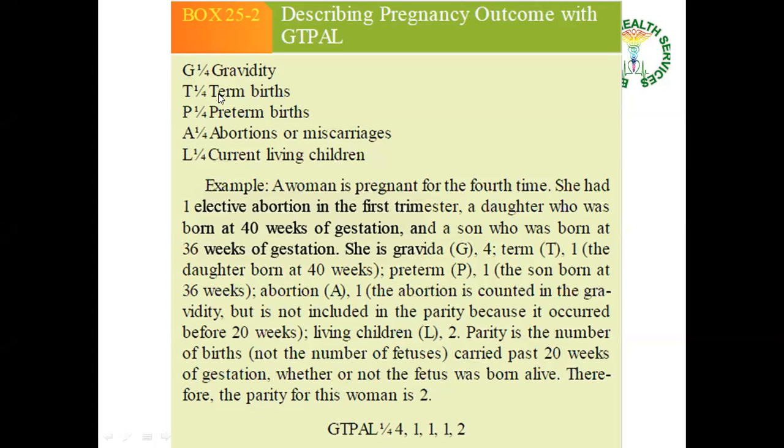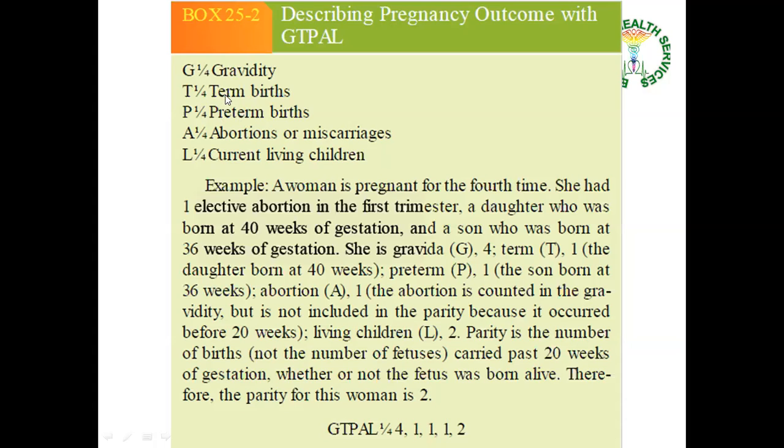And T stands for term birth, right? So the number of births at 38 weeks or more. And P stands for preterm birth, so birth at less than 38 weeks.